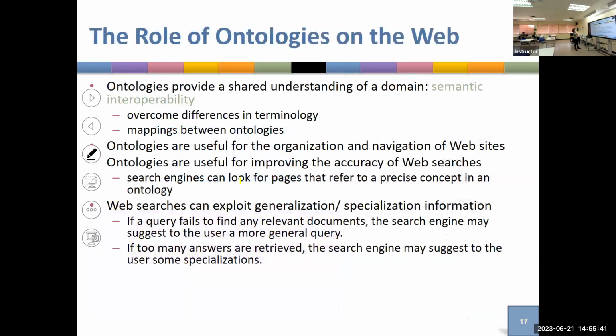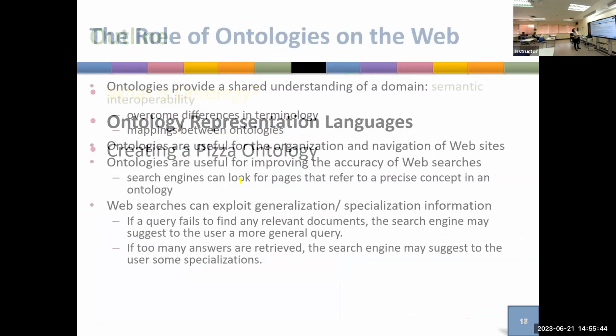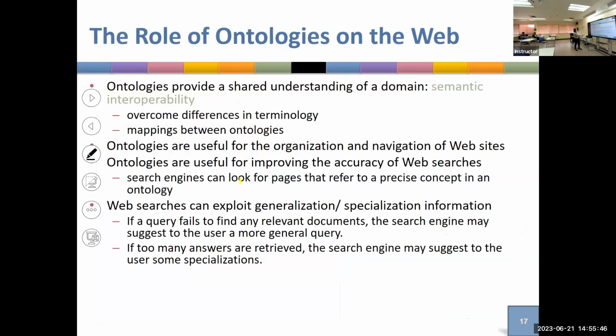Then we can use ontologies to allow more shared understanding of a domain, overcoming differences in terminology. Then we can define precise terminology, with no ambiguity. We can even define mappings to say that this term and this term have the same meaning, or that this term is more generalized or specialized through subclass, superclass.